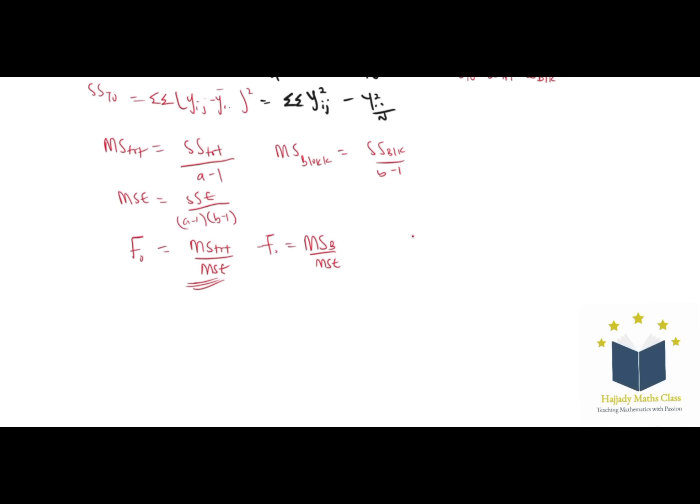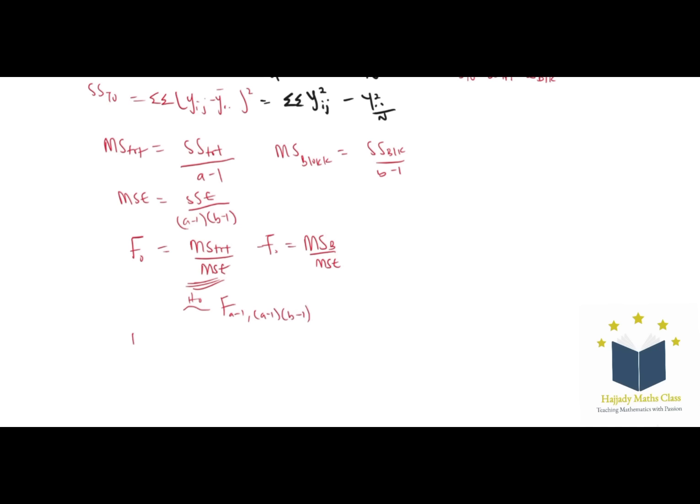So under the null hypothesis, H0, we have F with degree of freedom of the treatment, which is a minus 1, and the degree of freedom of the error, which is (a minus 1)(b minus 1).